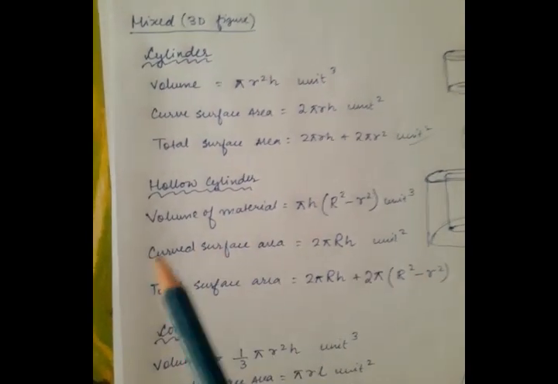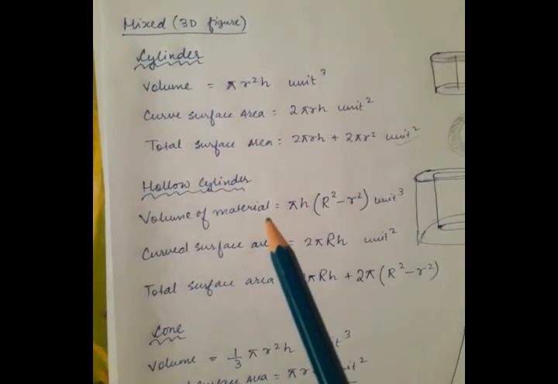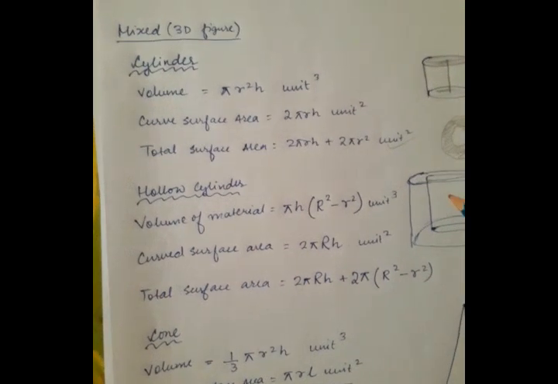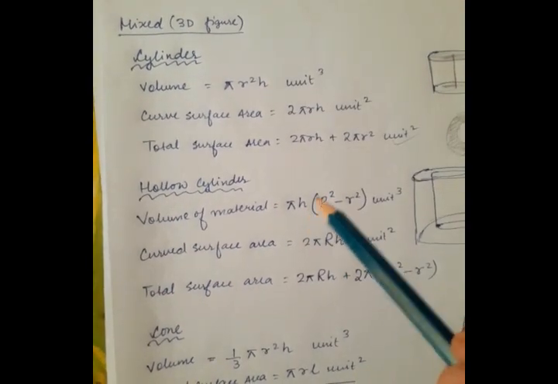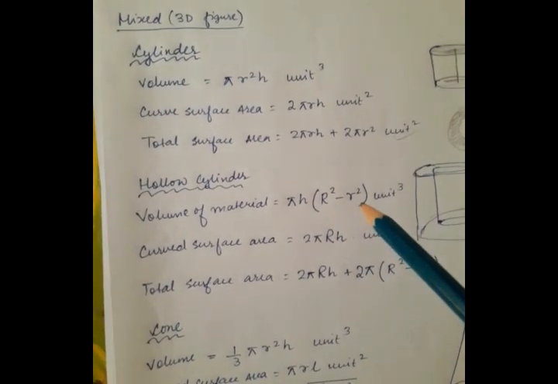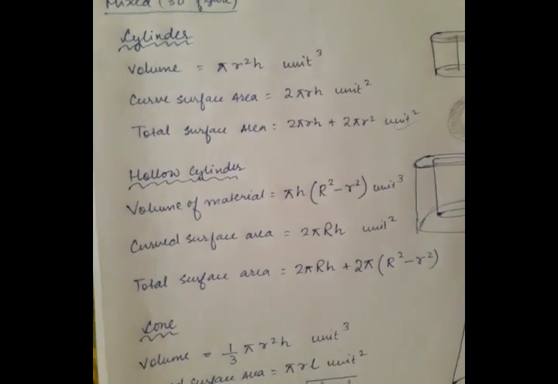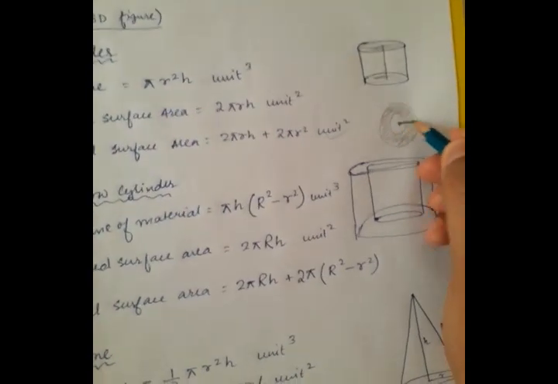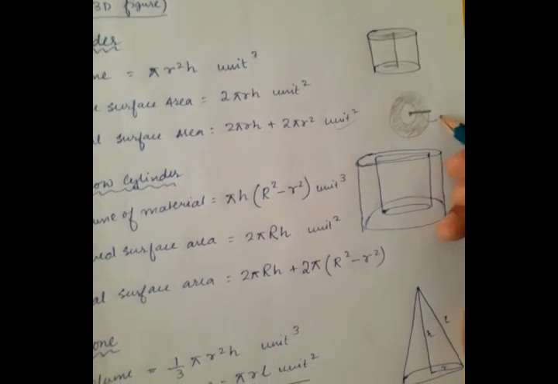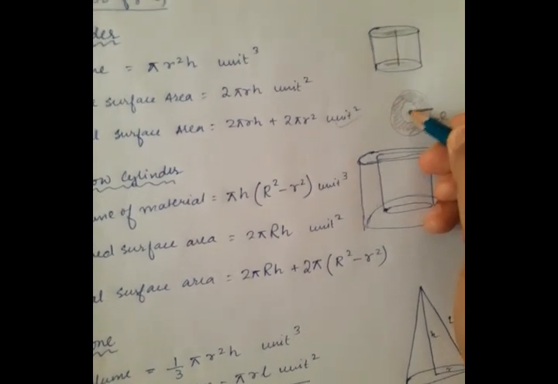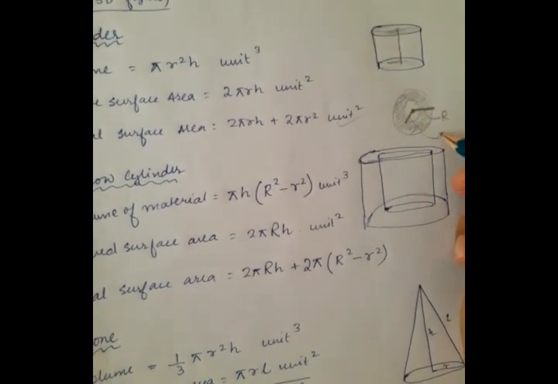So the volume of the material contained is pi h (R square minus r square). There are two squares: the big R is this, and this smaller one is the small r.